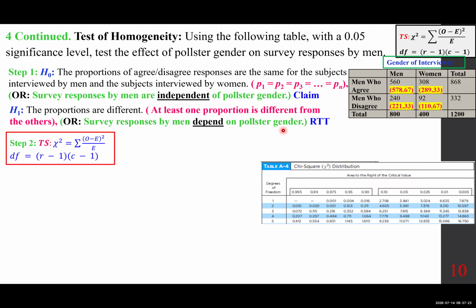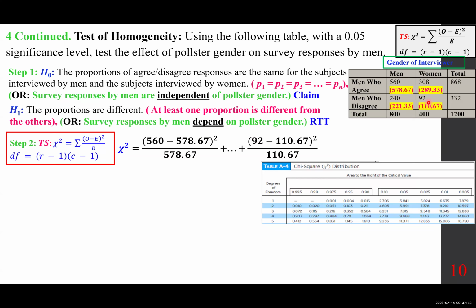Let's calculate the test statistic, in which case chi-squared is the summation of (O minus E) squared over E, and then the degrees of freedom. For this one, 560 minus 578.67 quantity squared divided by 578.67, plus 308 minus 289.33 quantity squared divided by 289.33, and the rest of them.